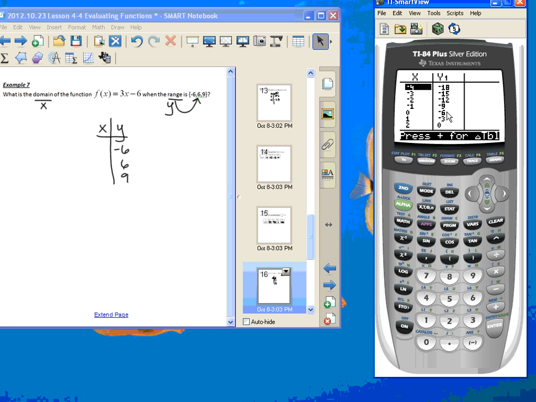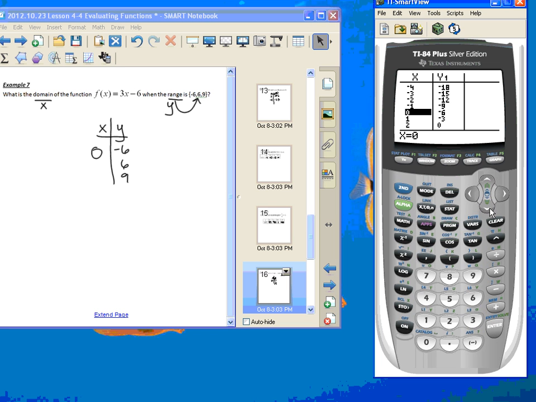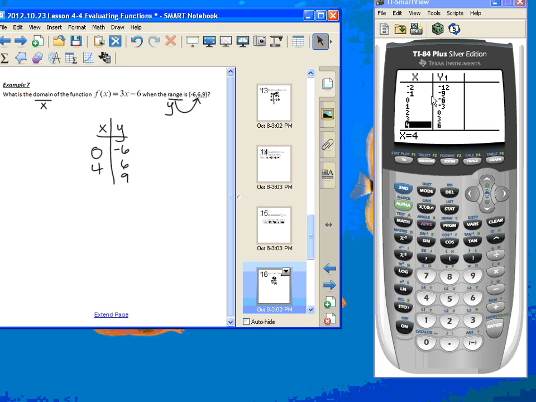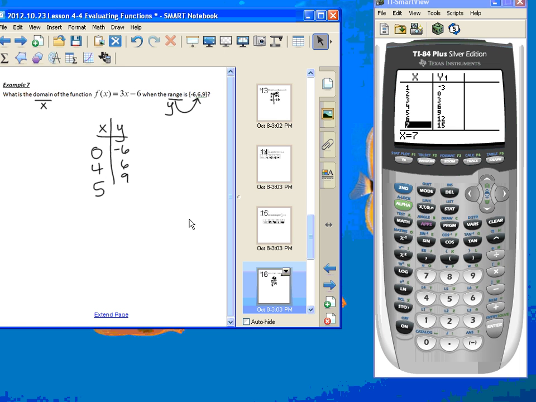When y is -6, the x value is 0. And when y is +6, I got to scroll down a little bit. When y is +6, x is +4. And when y is +9, x is +5. Okay, so that one's backwards. So for this one, our answers are 0, 4, and 5.